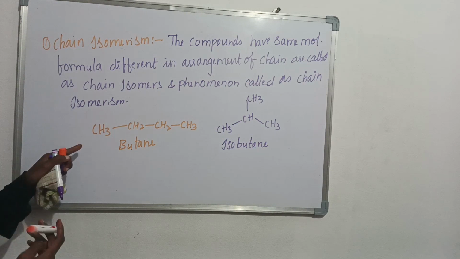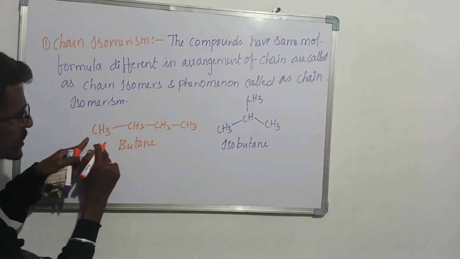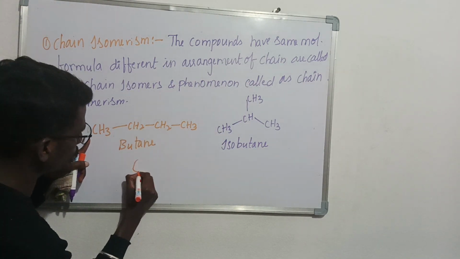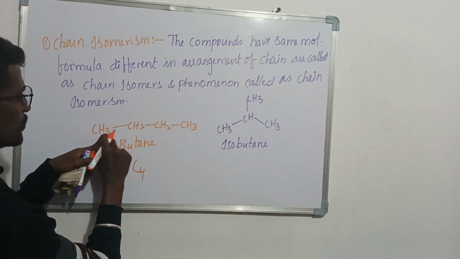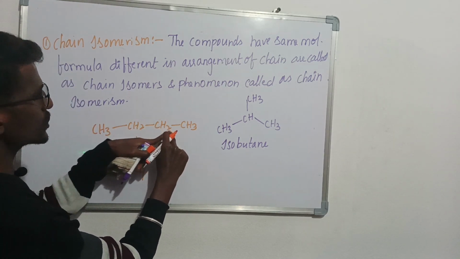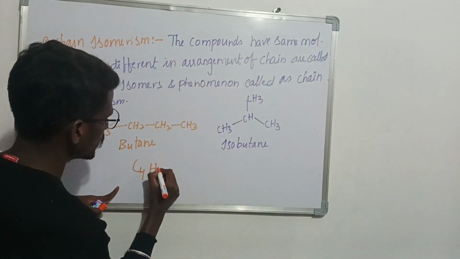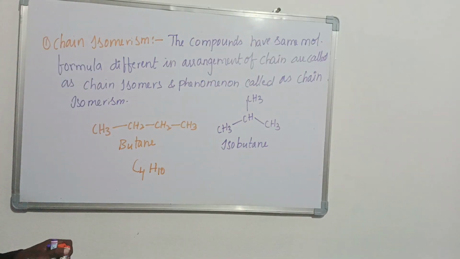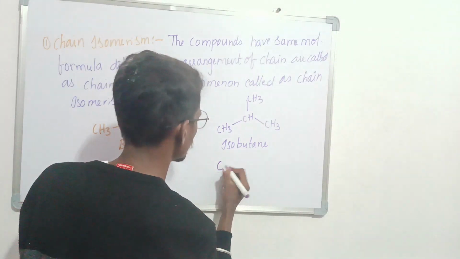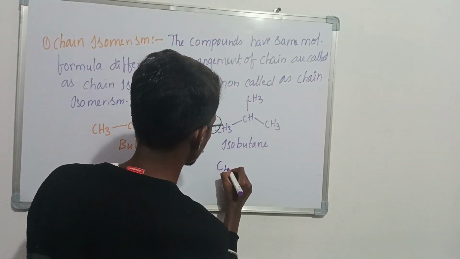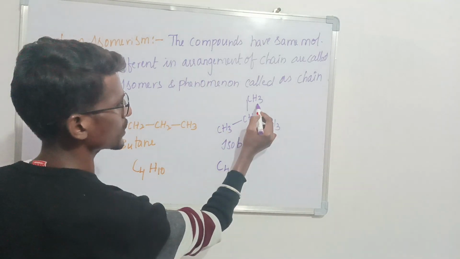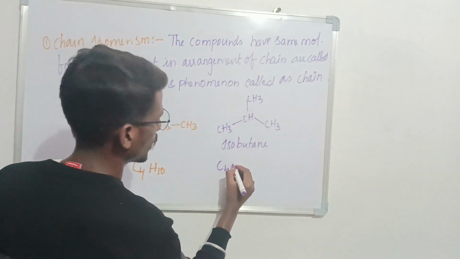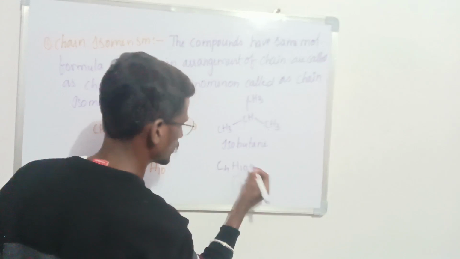How many carbon atoms are there? 1, 2, 3, 4: C4, and hydrogens 3 plus 2 is 5, 5 plus 2 is 7, 7 plus 3, 10 hydrogen atoms. Then same for the other: C4 carbon atoms, and hydrogens 3 plus 3 is 6, 6 plus 3 is 9, plus 1, hydrogen atoms are 10.